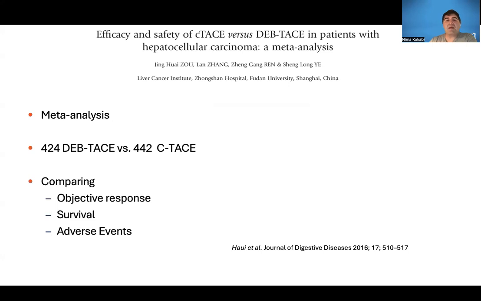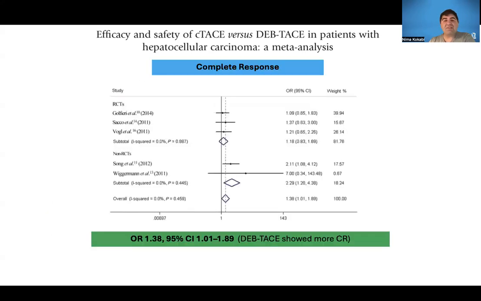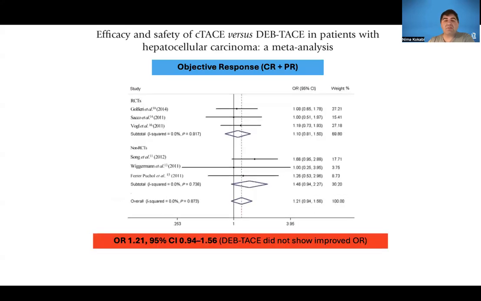The best we can do is to look at some meta-analysis. This was a meta-analysis of 424 deptase patients versus 442 ctase patients, again comparing objective response, survival, and adverse events.